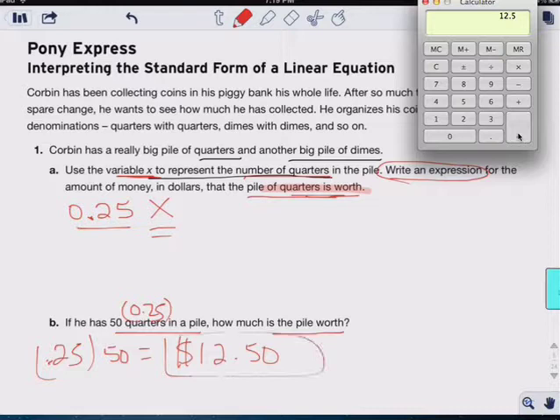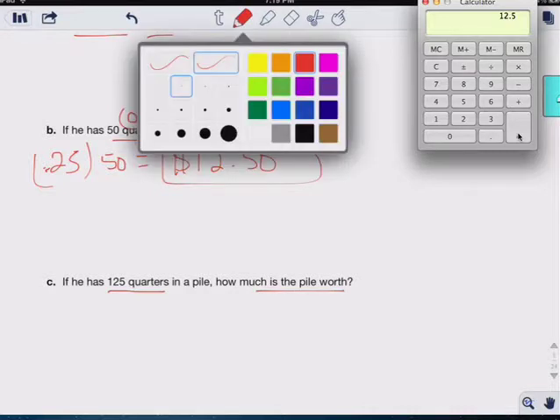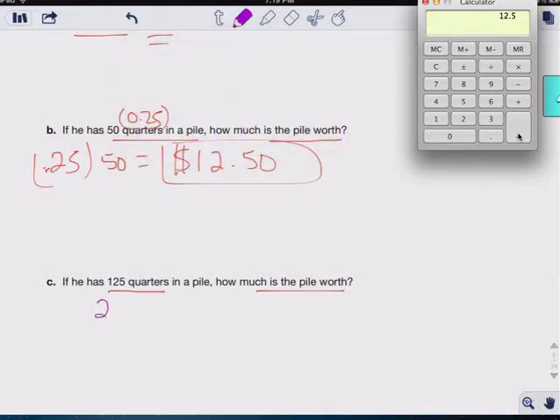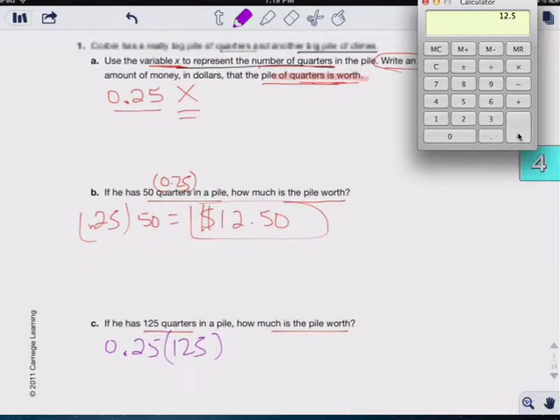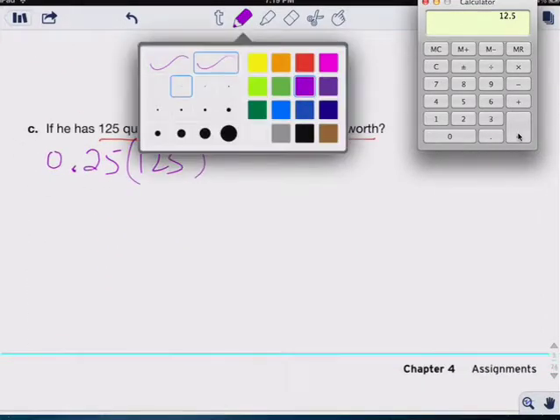Okay? Next one, if he has 125 quarters, how much is the pile worth? Okay, so quarters are worth 25 cents, times the 125 of them. See, this is why there's the variable x, it represents how many quarters there are. Make sense? Hope it makes sense to you guys. Sure makes sense to me.